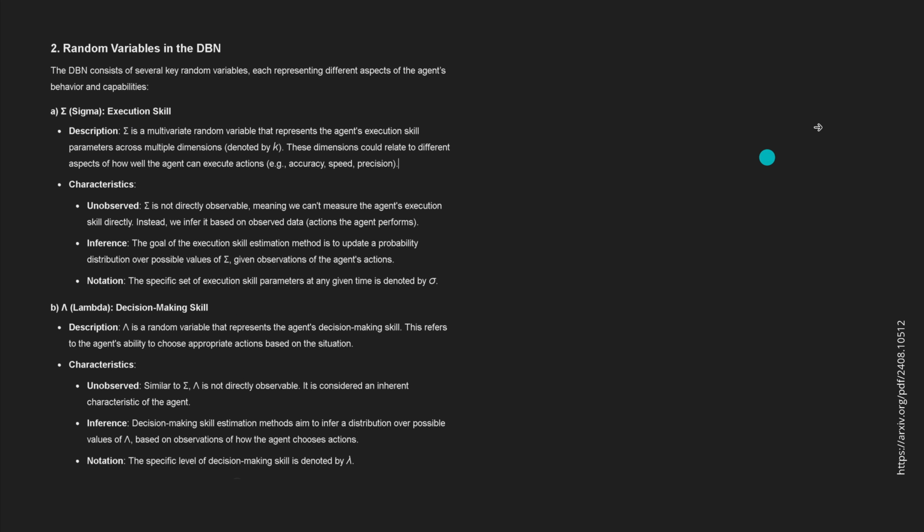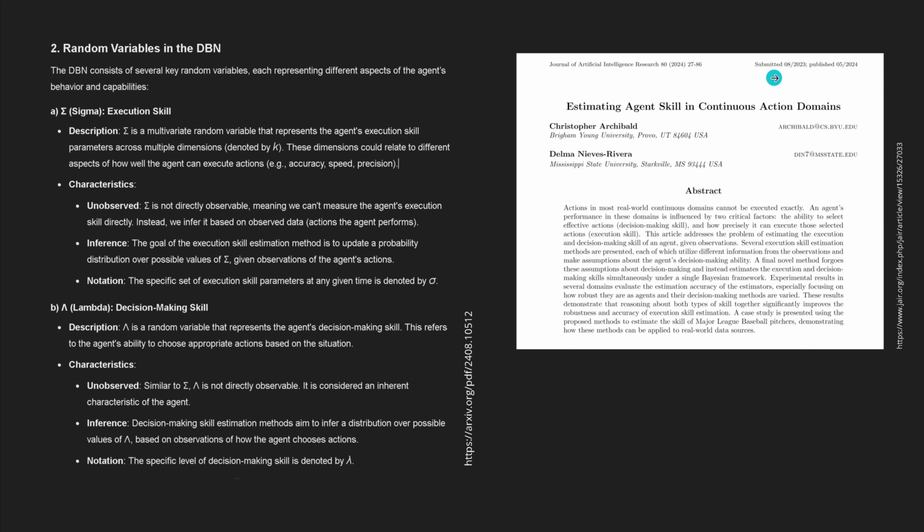And remember that last time I showed you this paper submitted in August 2023 and published in May 2024 in the Journal of Artificial Intelligence Research. And here our two authors from the current publication give you Estimating the Agent Skill in a Continuous Action Domain. And they talk exactly about the ability to select effective actions.